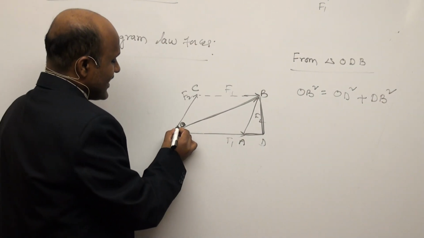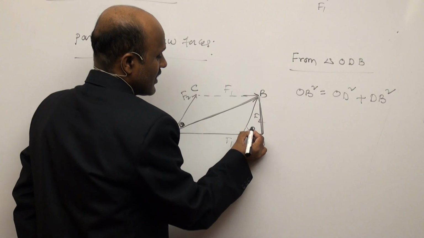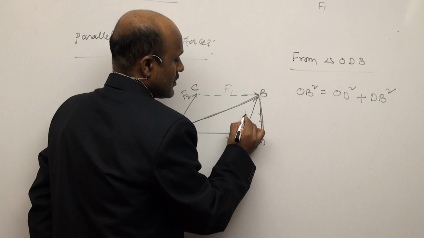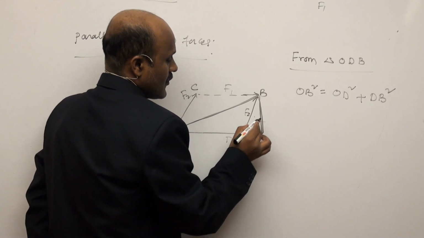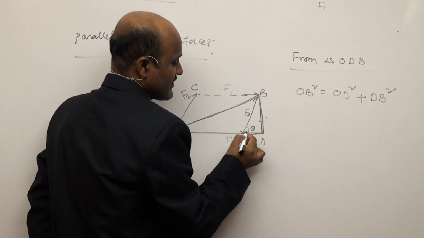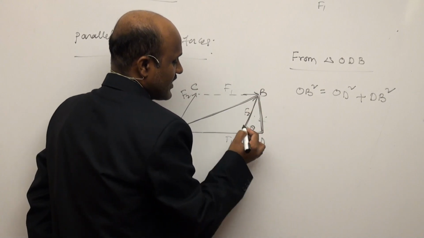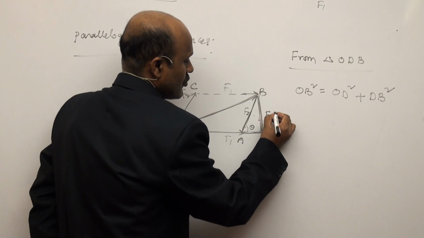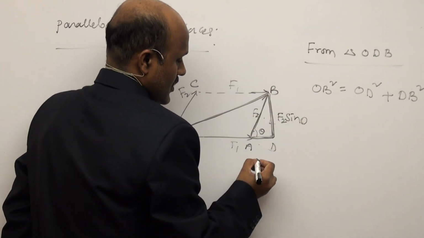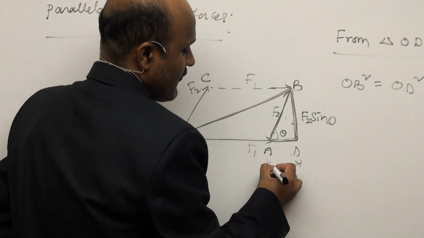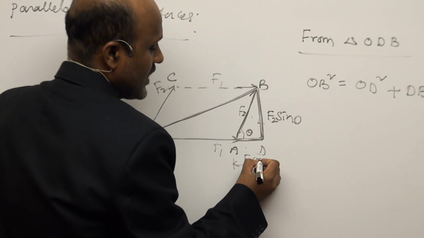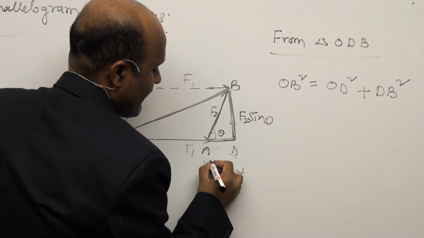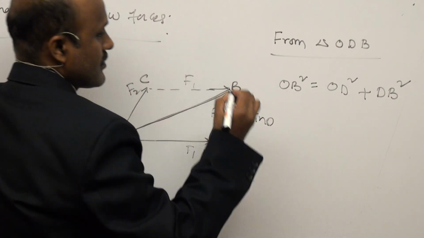Whatever angle is here, here also the same angle. For this theta, this is the opposite side, this force is F2. This is the opposite side, this is the adjacent side. So this is F2 sin theta, and from here this is F2 cos theta.